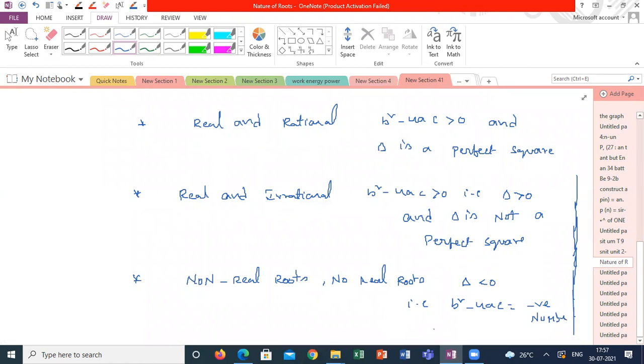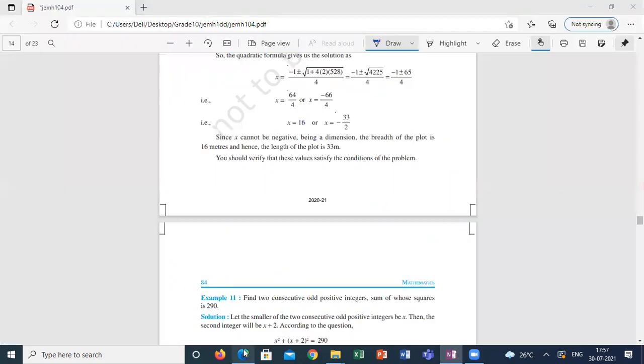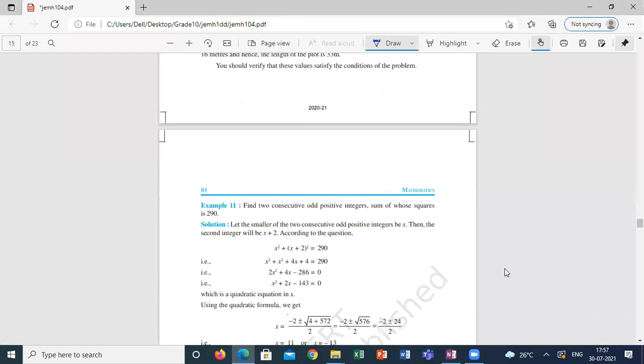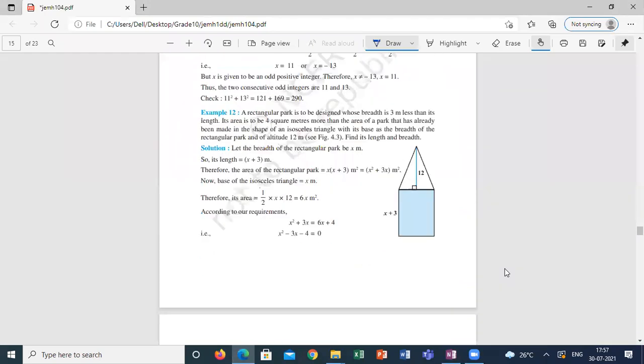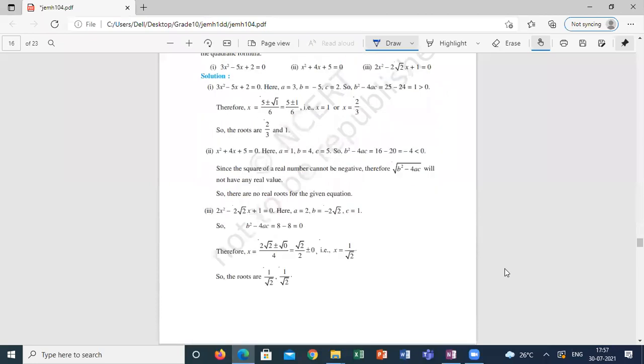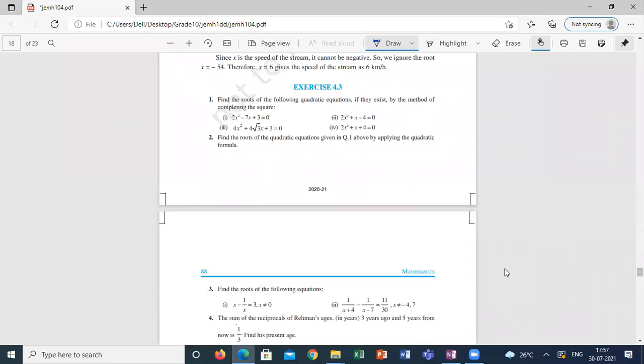This is how we can discuss the nature of the roots. Based on this nature, we have some questions. They will give one expression and ask us to determine whether the roots exist or not. This is the exercise: find the roots of the following equations if they exist. How can we say whether they exist or not? We have to show the discriminant is non-negative, then they exist.